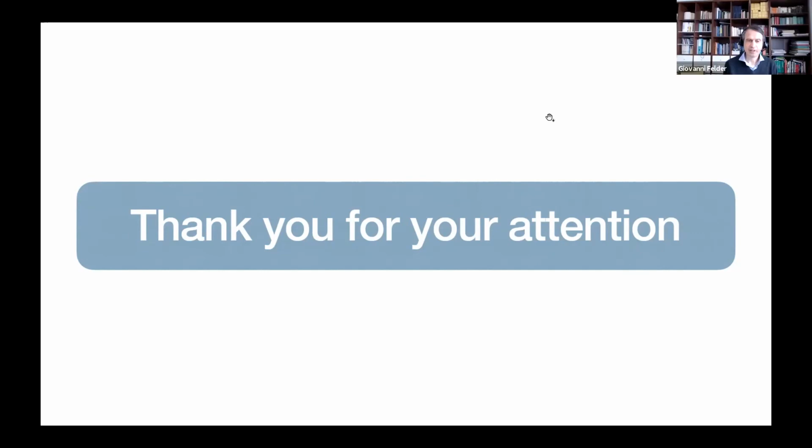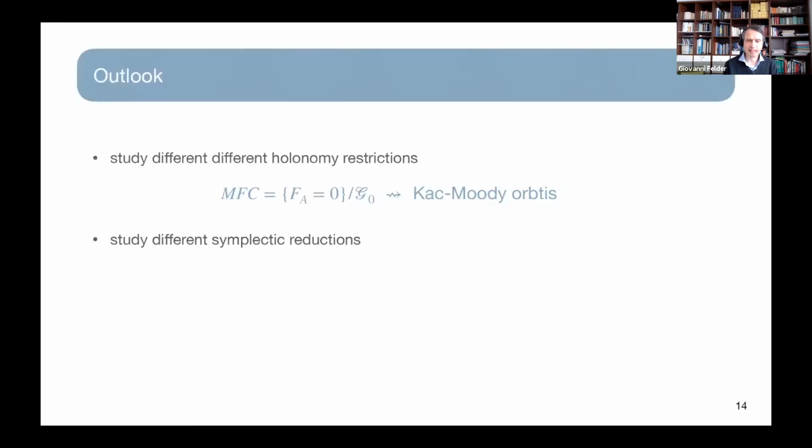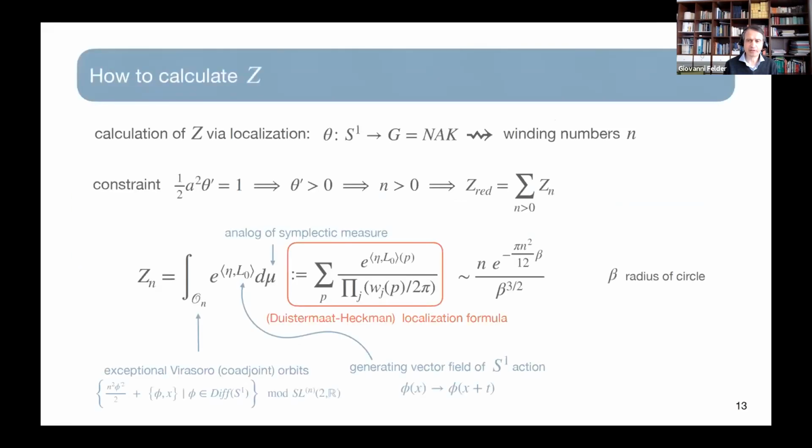Can I ask a question? These partition functions you computed, are these characters of Virasoro representations? Yes, well, they can be related to them. It's by this orbital integral Kirillov method, basically. Here we actually get more or less all of them, because we have this sum over the winding numbers, and we have not given an interpretation in terms of characters for the moment.